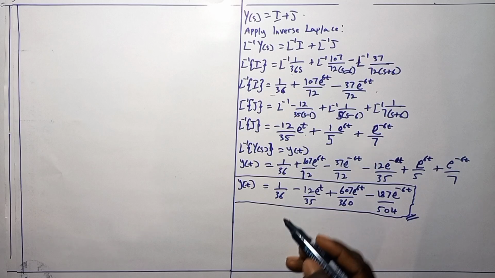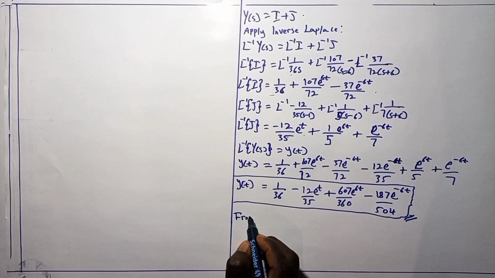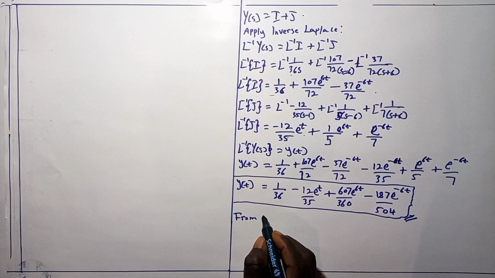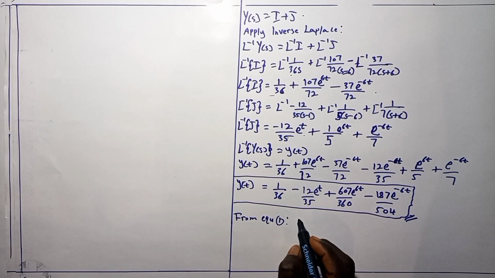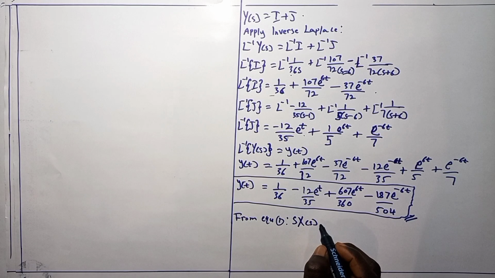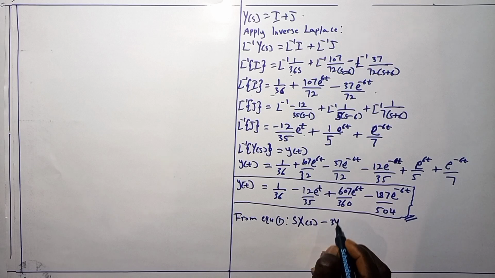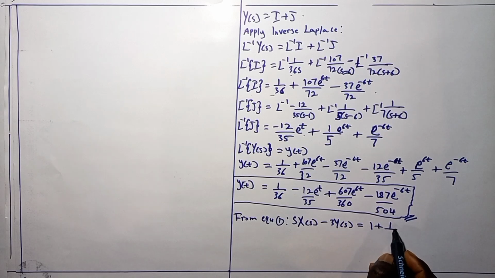So now, from equation 1, that is x of s minus 3 y of s is equal to 1 plus 1 over s minus 1.